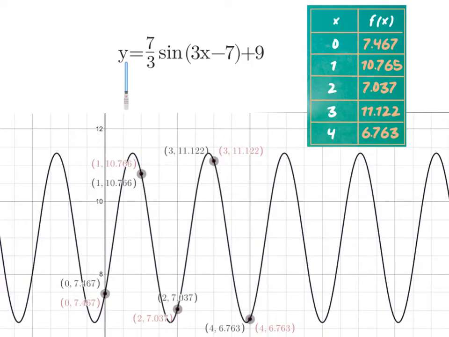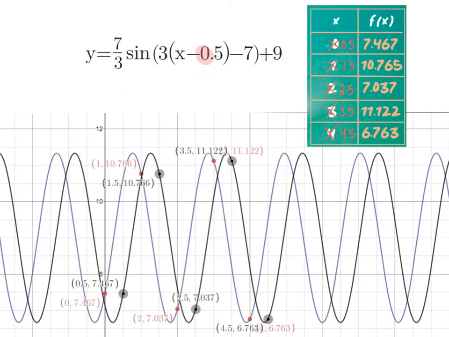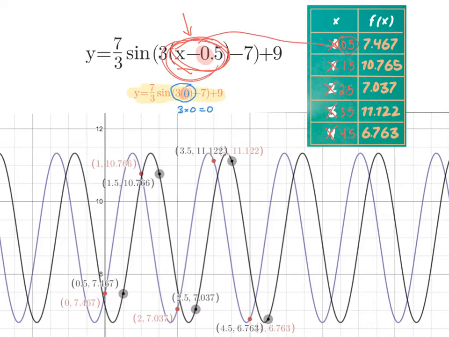Here's the original equation, y equals 7/3 sine of 3x minus 7, plus 9. Now what's going to happen when I replace this x with x minus, let's say, 0.5. Before, I could plug in a 0, and this was just going to equal 0. Now I have to plug in a 0.5 for this to equal 0.